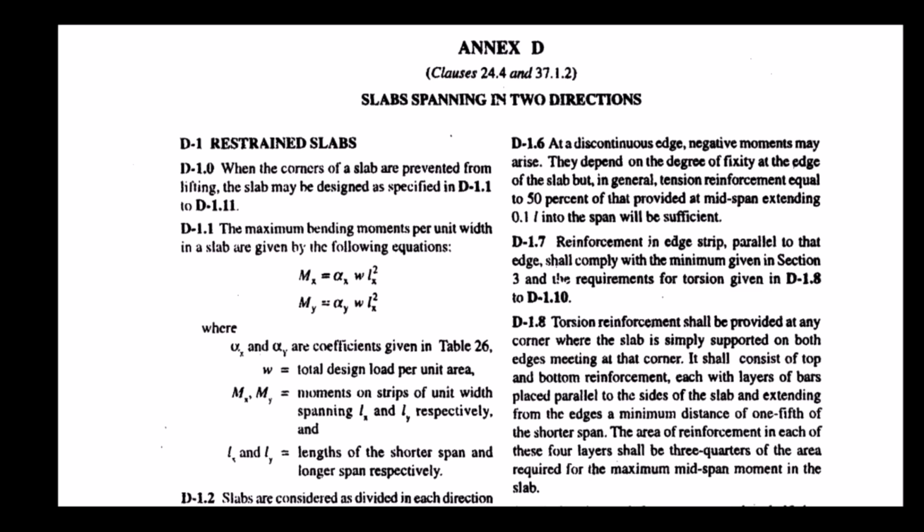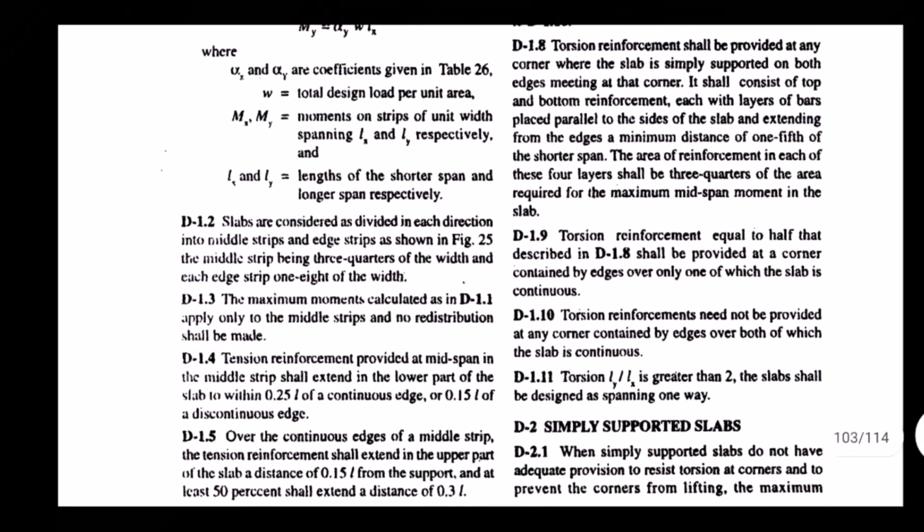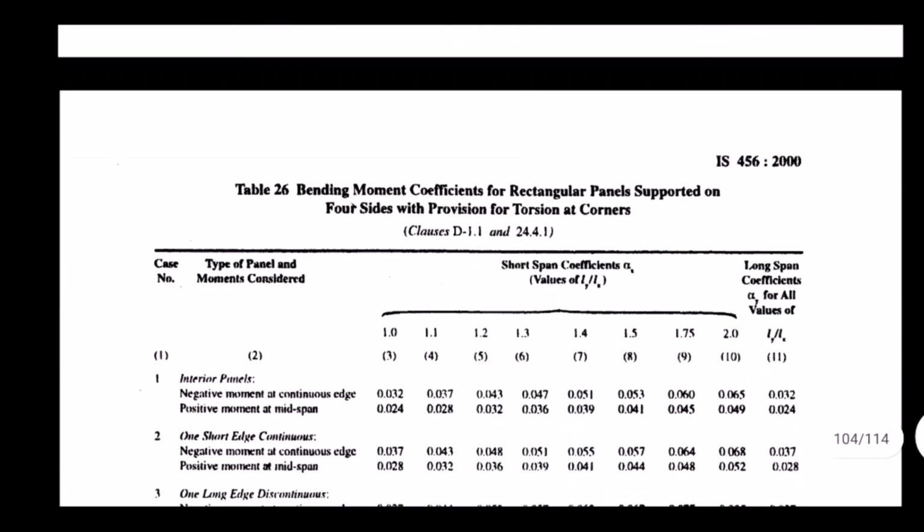So let's check table number 26. The formula for moment in shorter span, Mx is equal to alpha x w Lx square, and for longer span, My is alpha y w Lx square. Let's check table number 26.